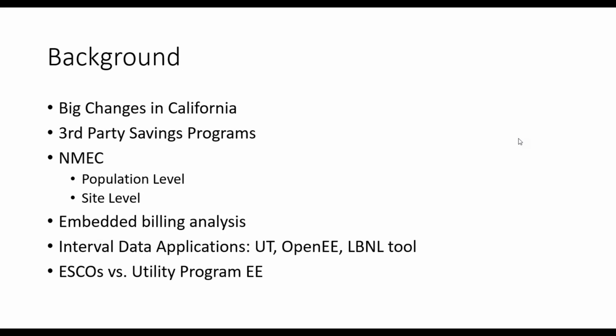Okay, and so in California, there's a couple approaches to doing this NMEC or Option C analysis, and one is at the building level, or they call it the site level, which is what you guys, what the ESCOs often do.